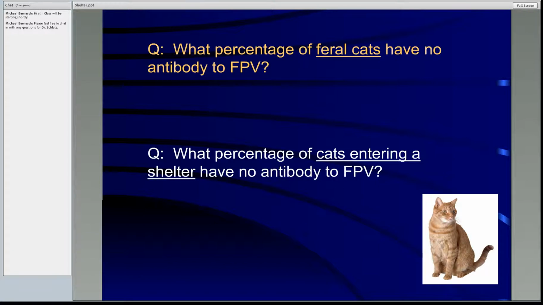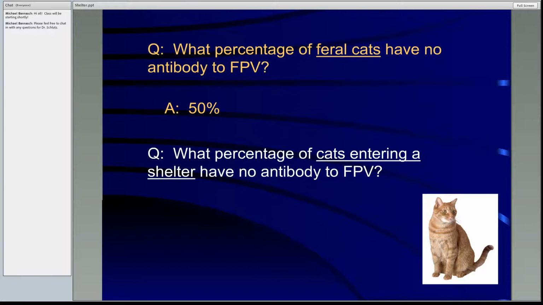What percentage of feral cats, for example, have no antibody to feline parvovirus? Well, when we did this study, and others have done studies throughout the U.S., they come up with about the same thing, about 50% of feral cats have never seen parvo.